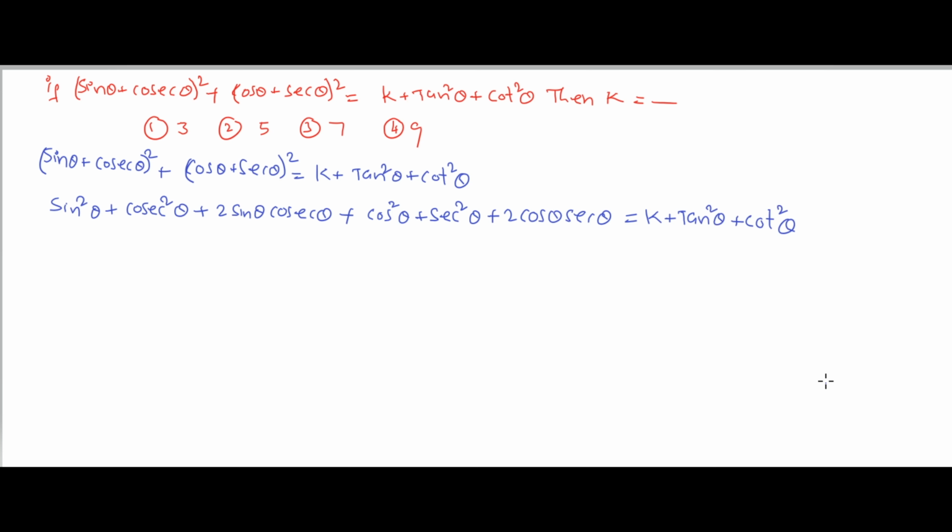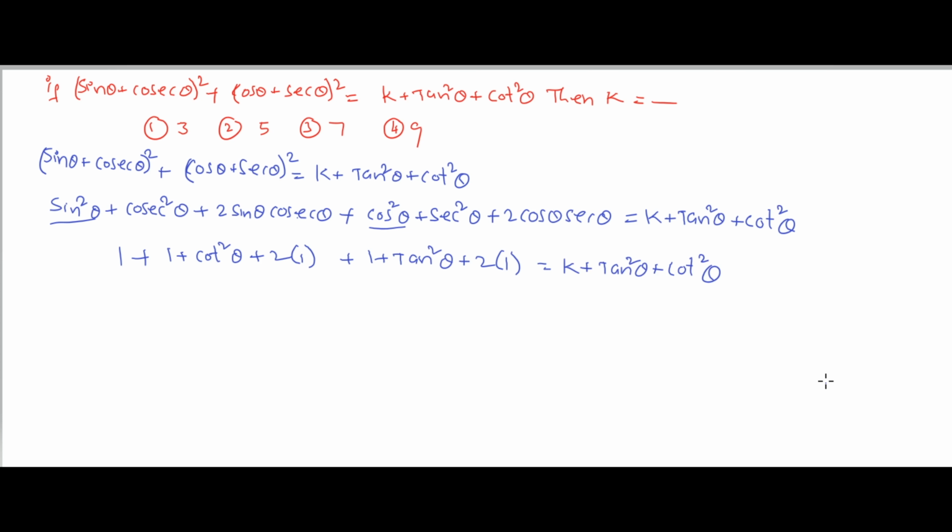Here sin square theta plus cos square theta, that value is 1, plus cosec square theta is written as 1 plus cot square theta, plus 2 into sin theta cosec theta, the value is 1, plus secant square theta, which is 1 plus tan square theta, plus 2 into cos theta into secant theta, which is 1. That is equal to k plus tan square theta plus cot square theta.